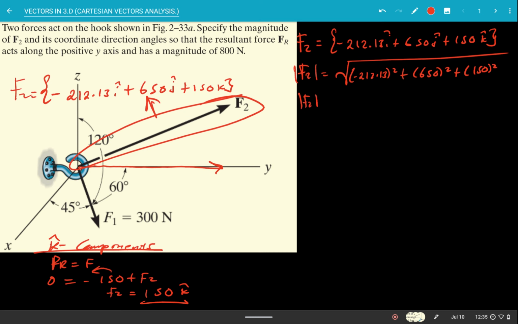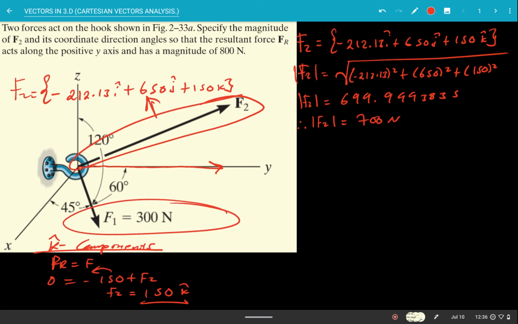So F2 magnitude, if you do that, you'll get 699.9993835. Therefore, you can say that the magnitude of this is 700 newtons. Why is it newtons? Because the other component, which is F1, is in newtons. So that's what we have.